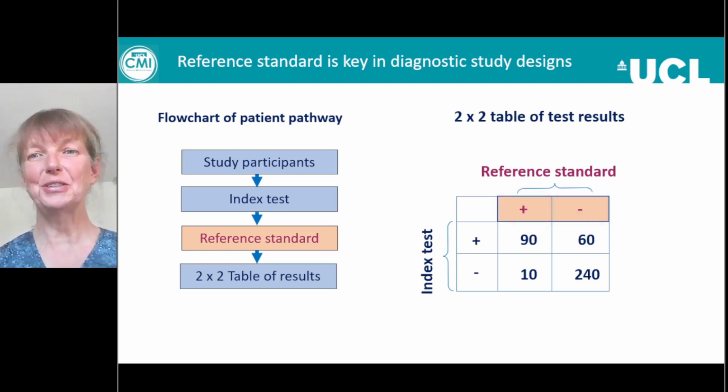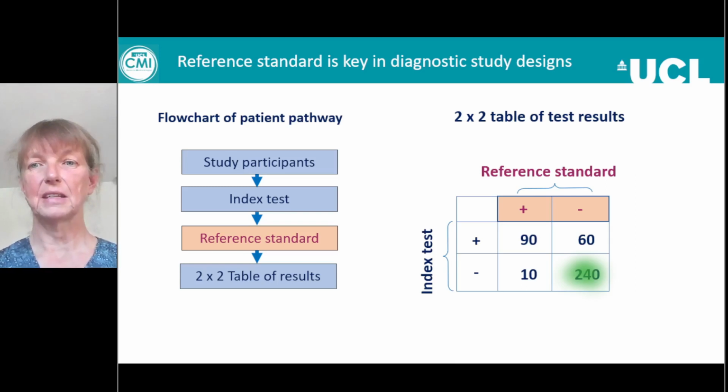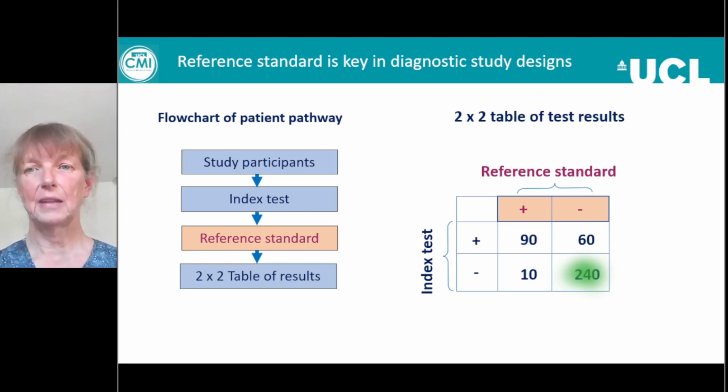And this 2x2 table gets you those 4 important results that you're really interested in: the number of true positives, so people who are identified with the index test of the people who actually have disease. You have the true negatives, so these are the people that the index test correctly detects as not having disease, and the reference standard says they don't have disease.